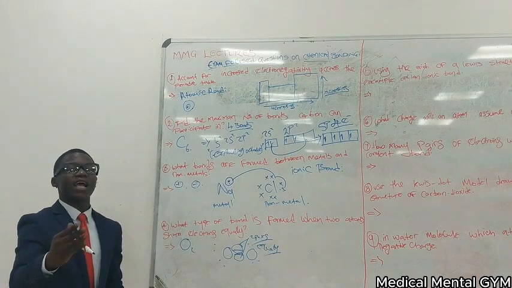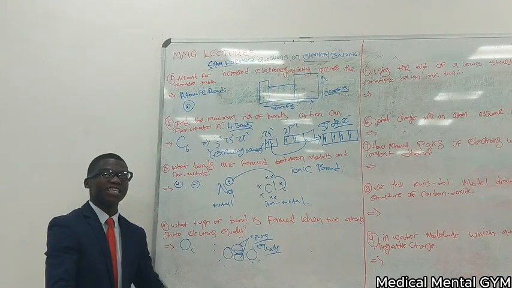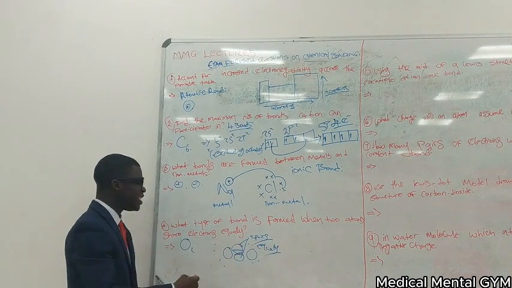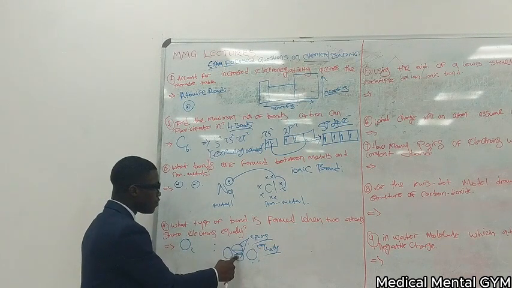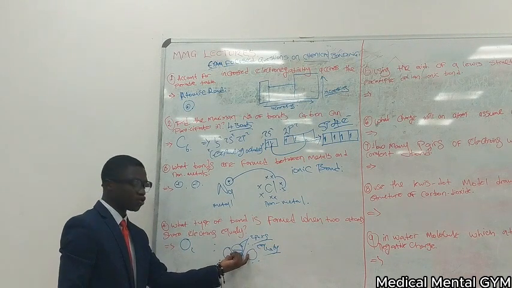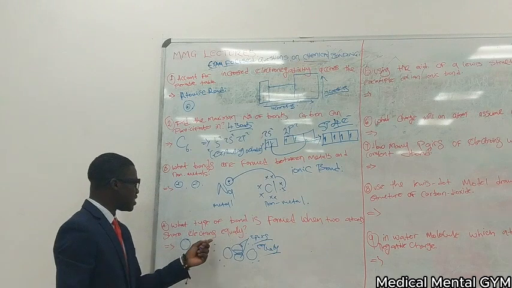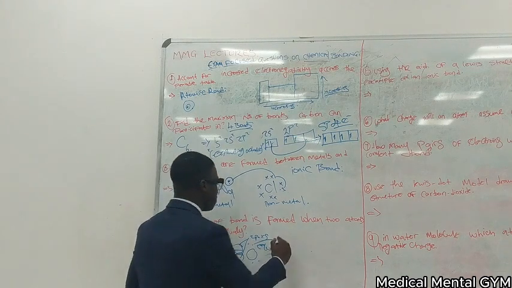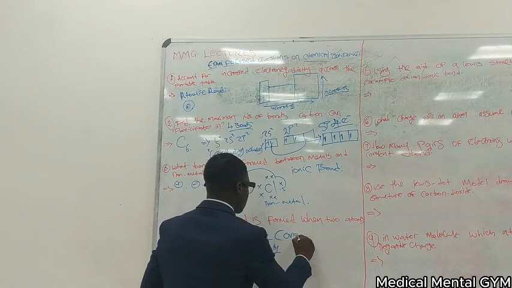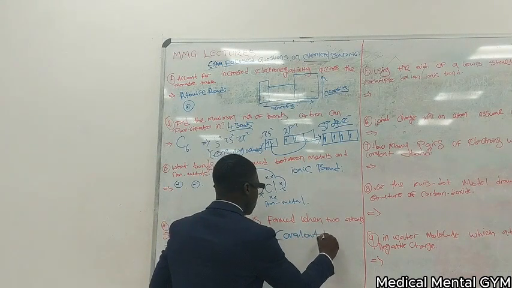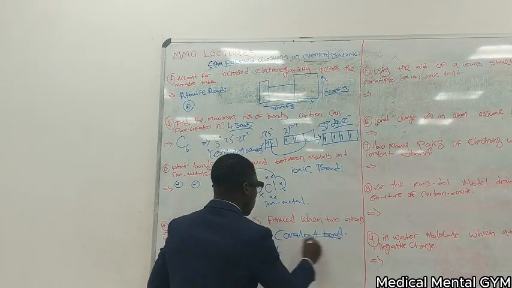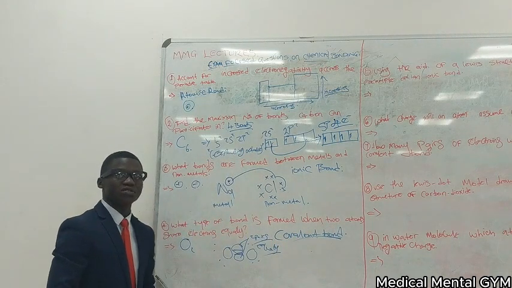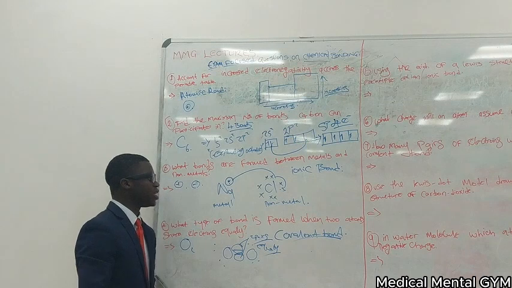There isn't a complete transfer of an electron from one atom to another, but there is an equal sharing of electrons between two atoms. And this bond is referred to as a covalent bond. So, a covalent bond involves equal sharing of electrons between two atoms.